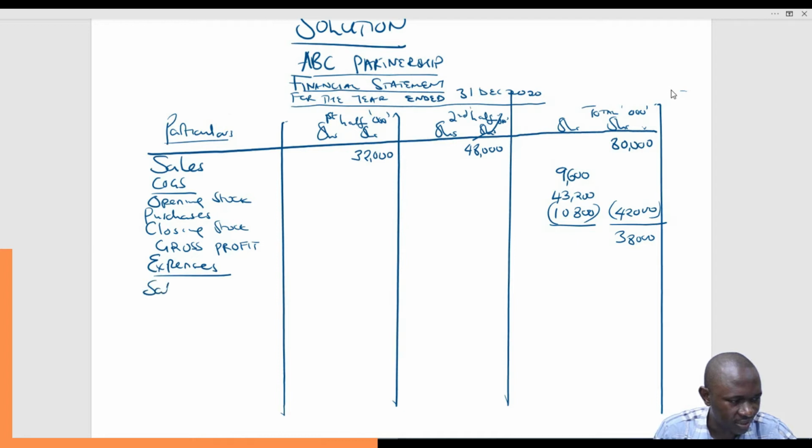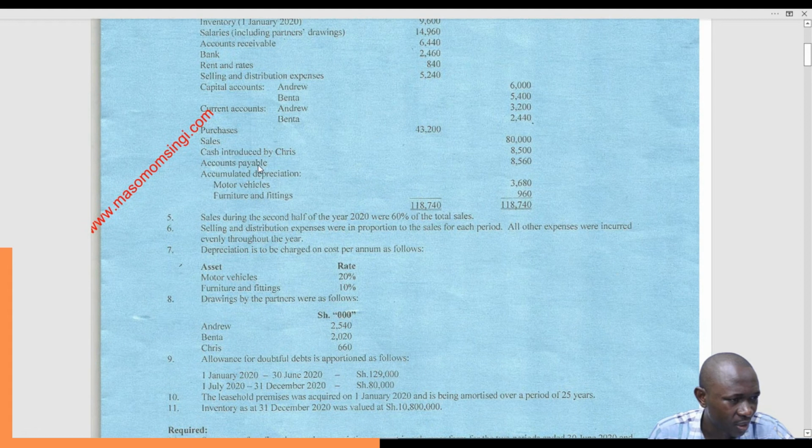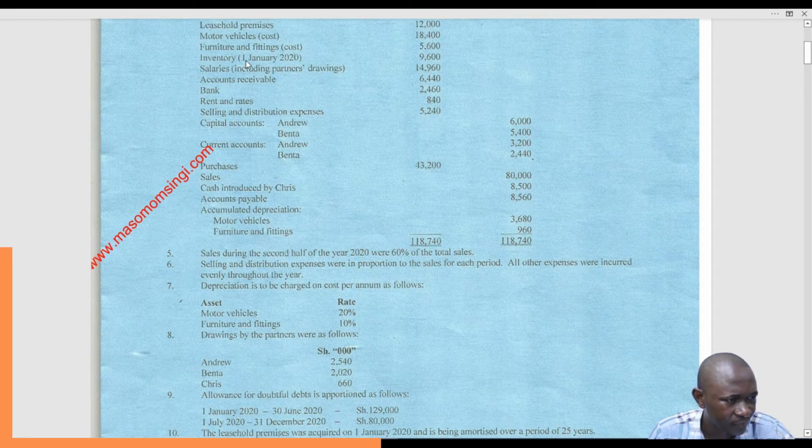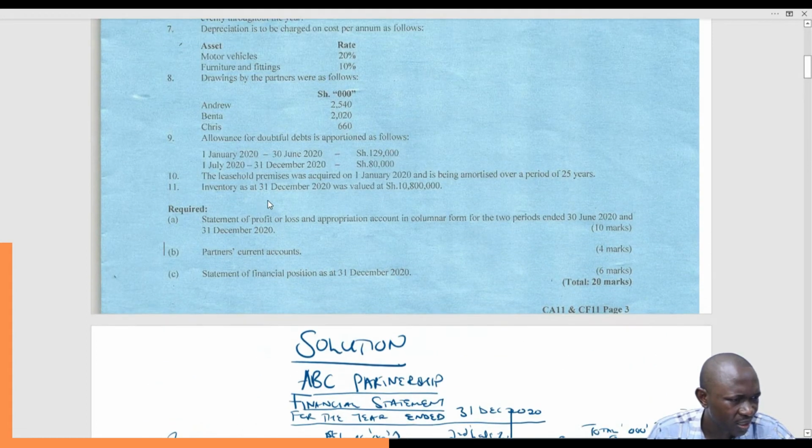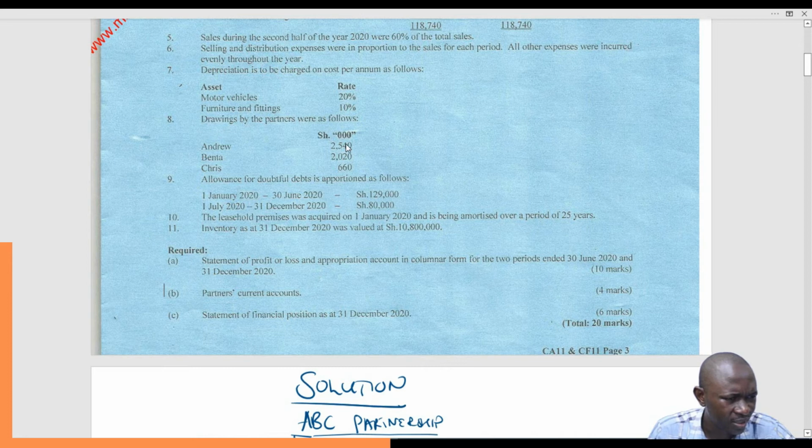So we have salaries, and salaries is how much? Salaries is 14,960, including partners drawings. Let's just do some simple workings here. 14,960 minus partners drawings. So where are these partners drawings? Drawings by the partners were as follows: you have 2540 plus 2020 plus 660.